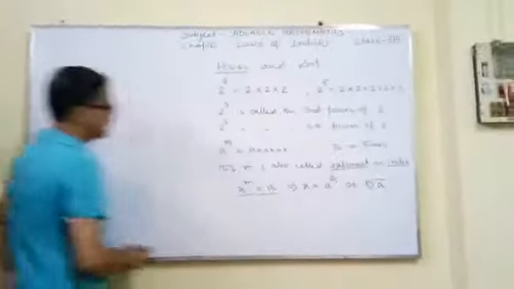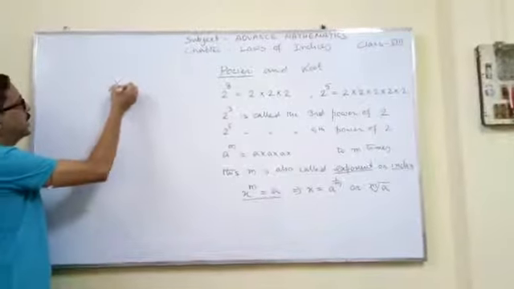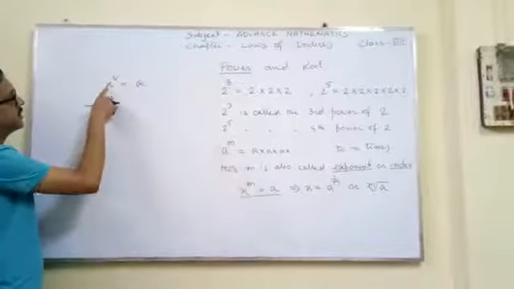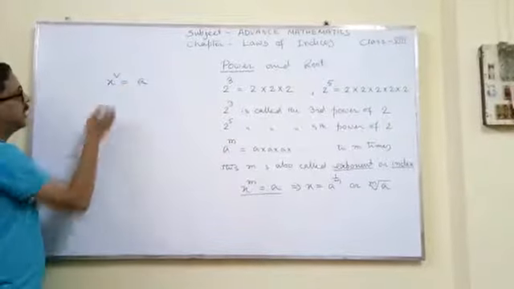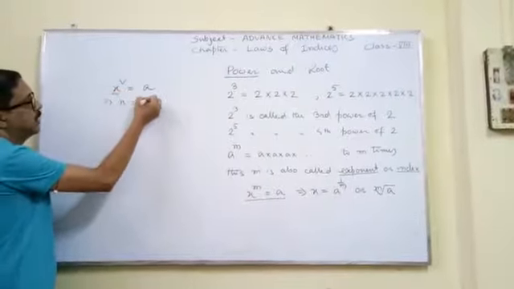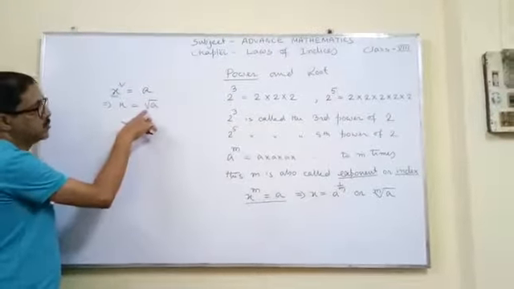So suppose we write x square is equal to a, that is, m equal to 2. That means this x is called the square root of a. Here we write the square root in this way.